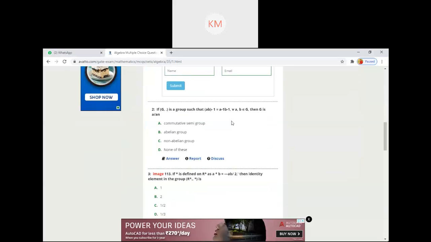Yes. So next one, if (G, ·), that means this group G and the binary operation is multiplication, is a group such that (AB)^-1 = A^-1 B^-1 for all A, B belonging to G, then G is an or A what type of group?